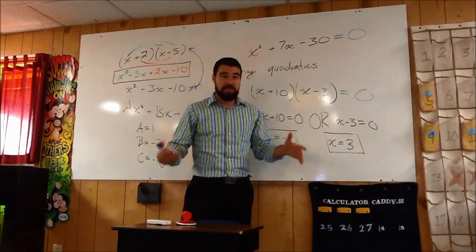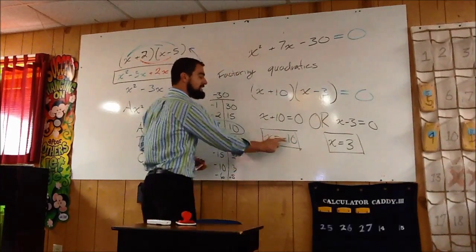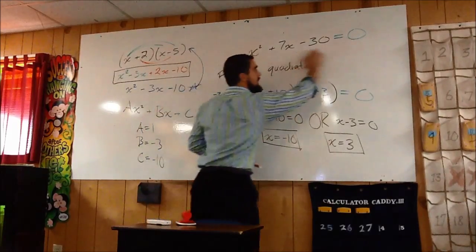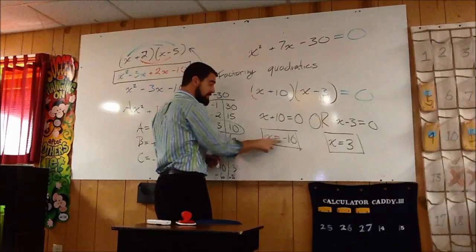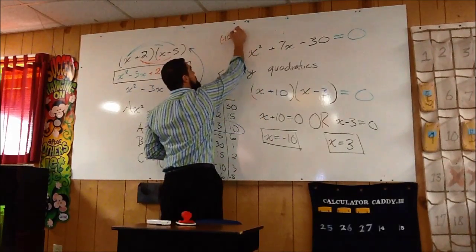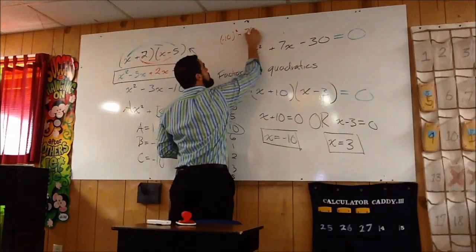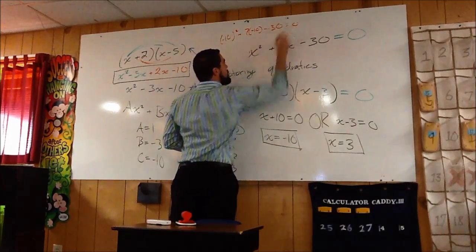And you can always check your answer. Again, why not check your answer? Let's say we plugged in negative 10 to our original equation. If we did this correctly, if I plug in negative 10, it better equal 0. So I have negative 10 squared plus 7 times negative 10 minus 30. That should equal 0.